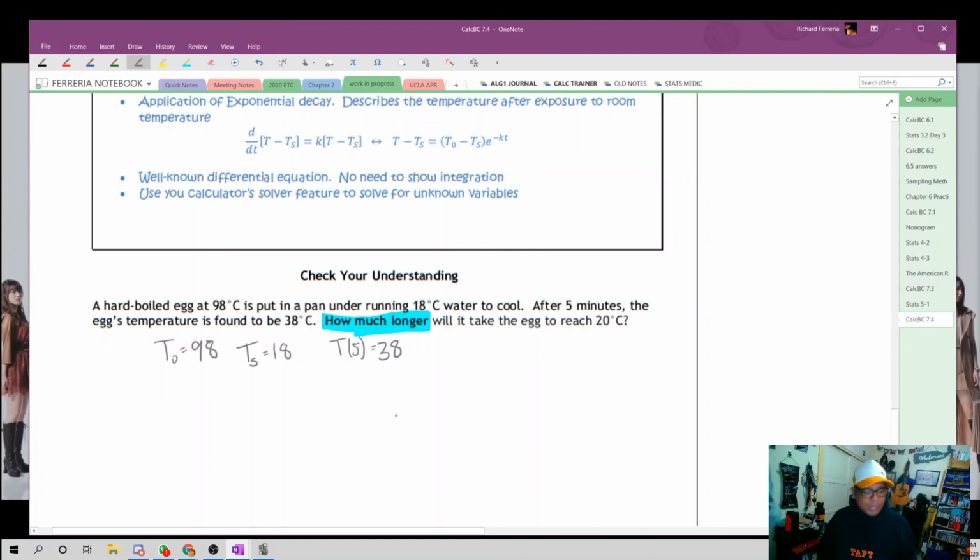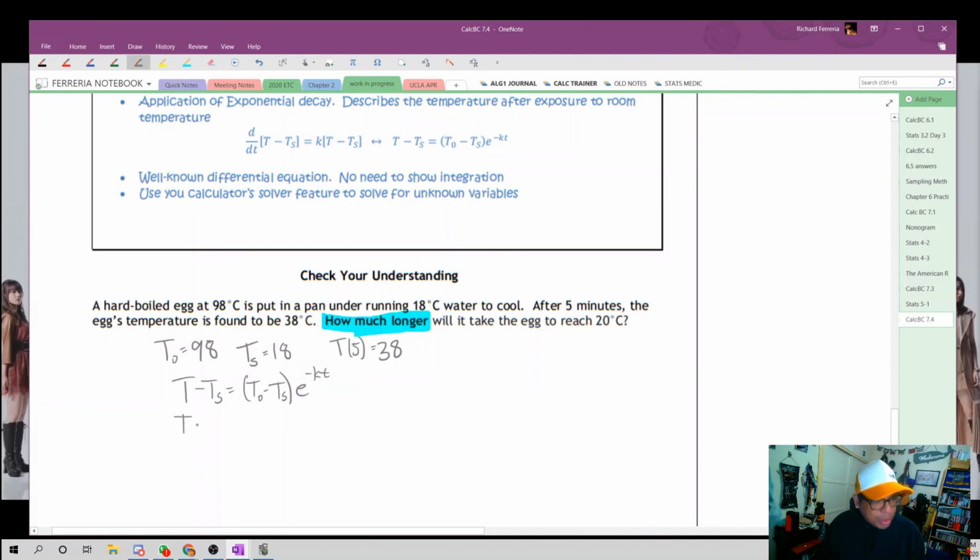Okay. Write down those things, and next we're going to write down Newton's law of cooling with all of our variables substituted in it. T minus Ts equals T naught minus Ts, e to the negative kt.